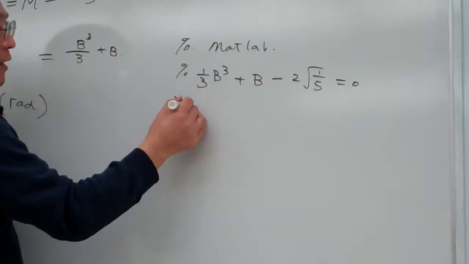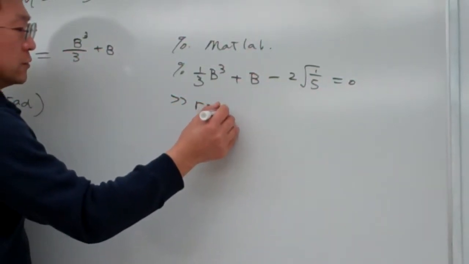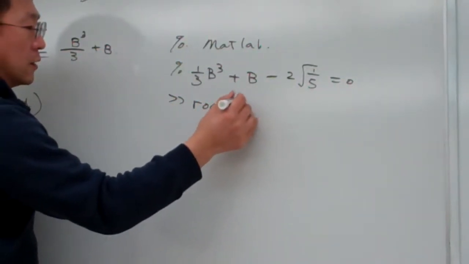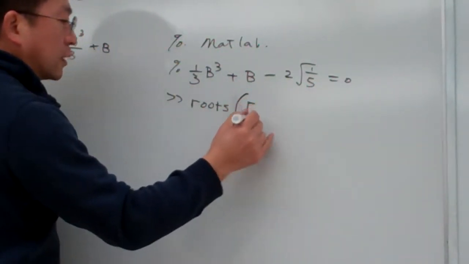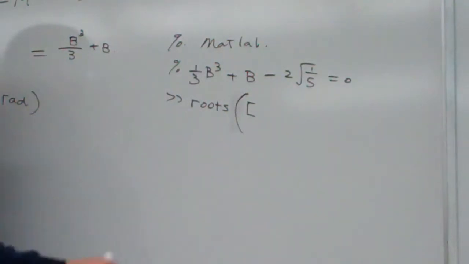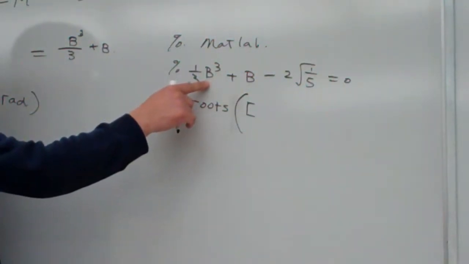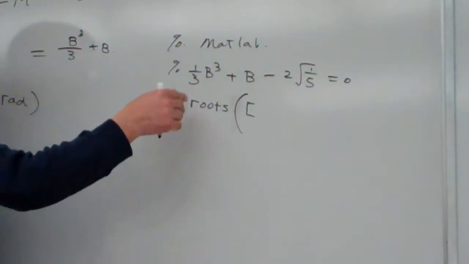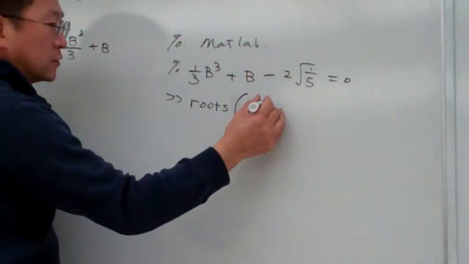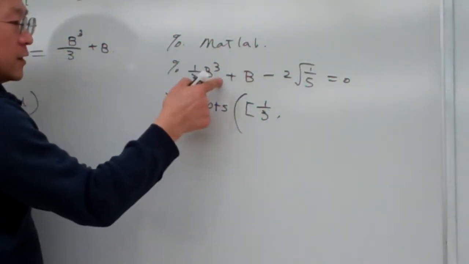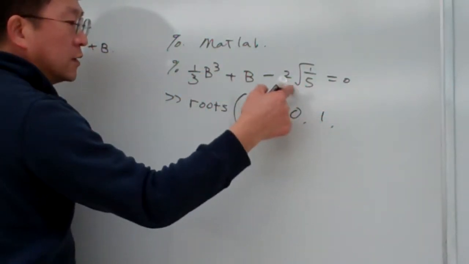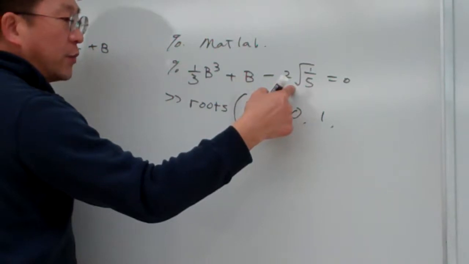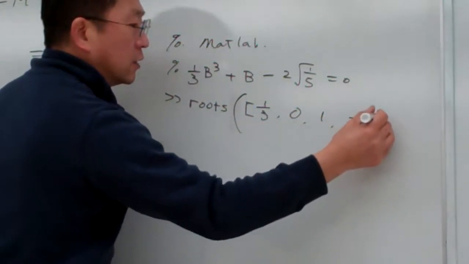So simply in MATLAB, you're using roots, arranging the coefficients of the polynomial in descending order. So 1/3, and for b squared it is 0, and b to the 1 is 1, b to the 0 power is 2 times this one.